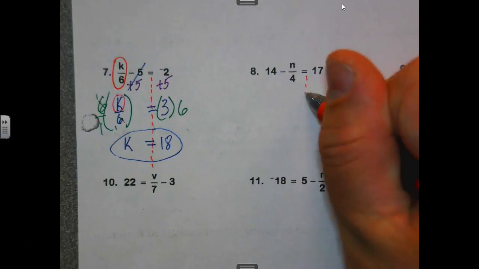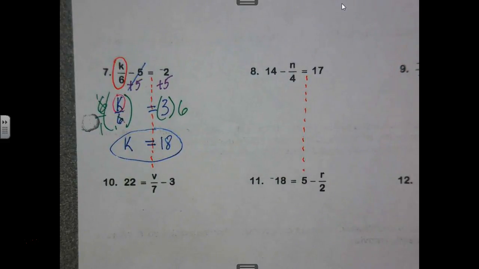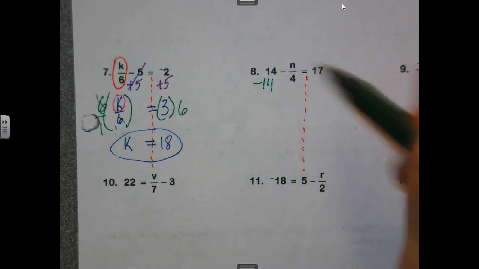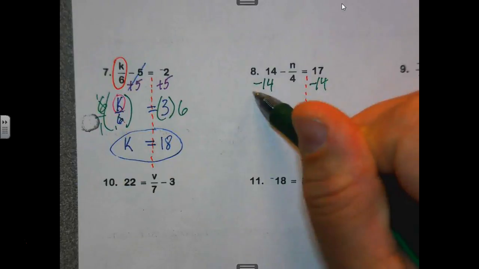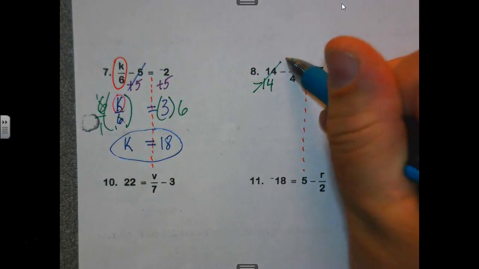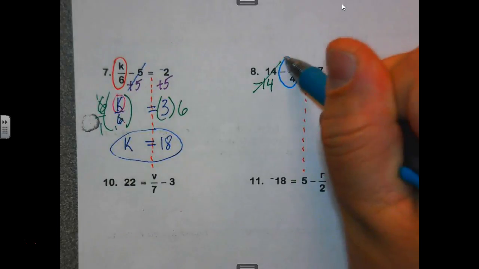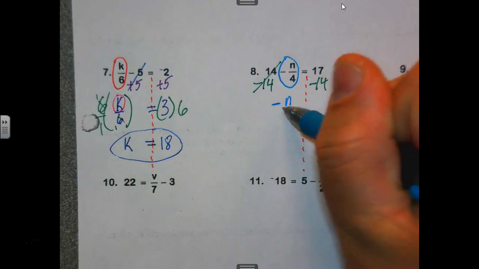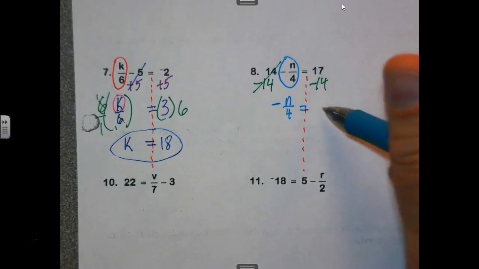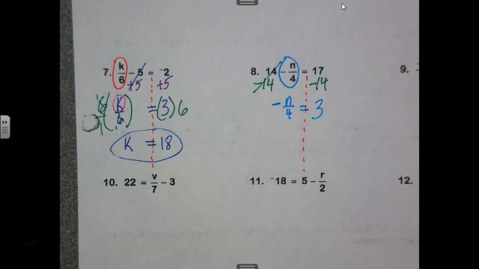Okay, here's my dotted line. And I'm going to subtract 14 first. These add up to 0. I'm going to bring down my negative n over 4. 17 minus 14 is 3.